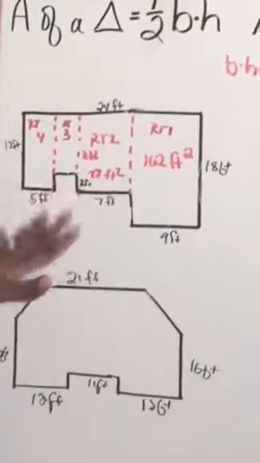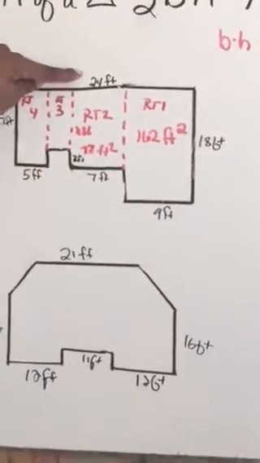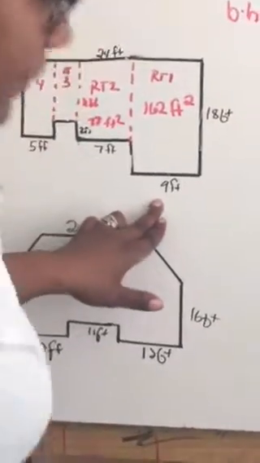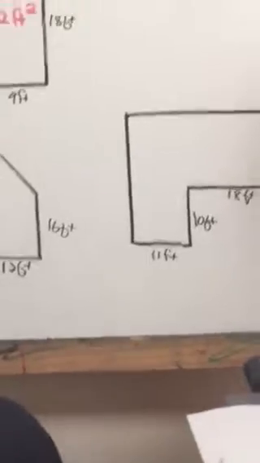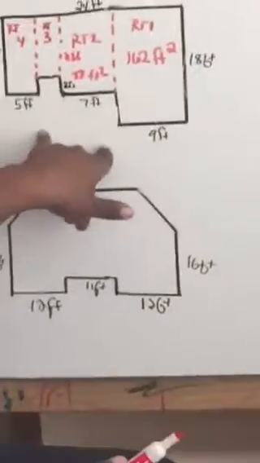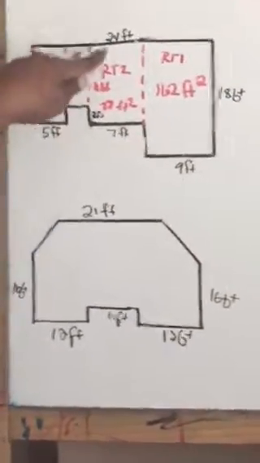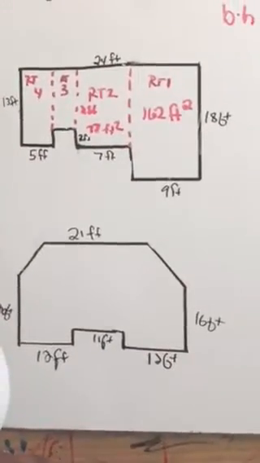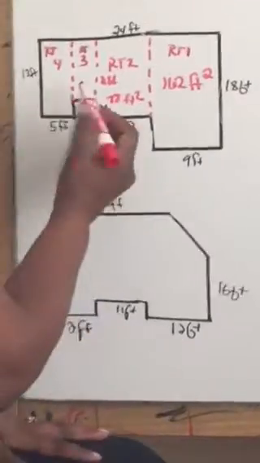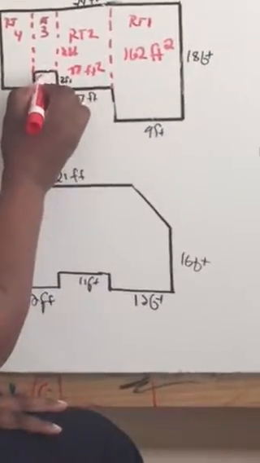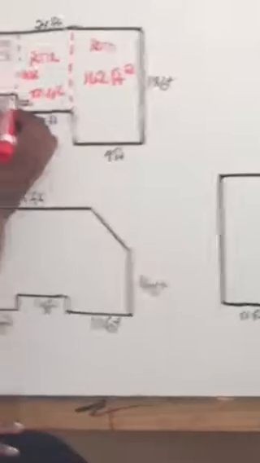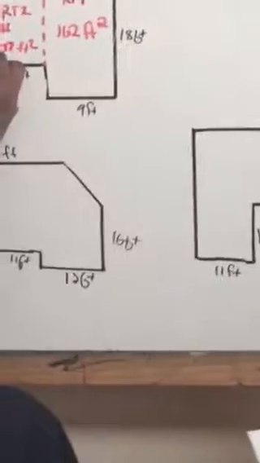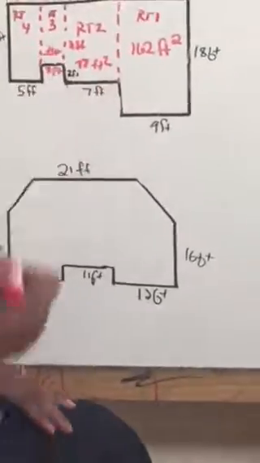So we know that all the way across is 24. And we have down here 5, 7, and 9. So with your 5, 7, and 9, that is 21. So 21 from your 24 will leave you 3. So we have 3 feet right here. So 3 times 11 is 33 feet.